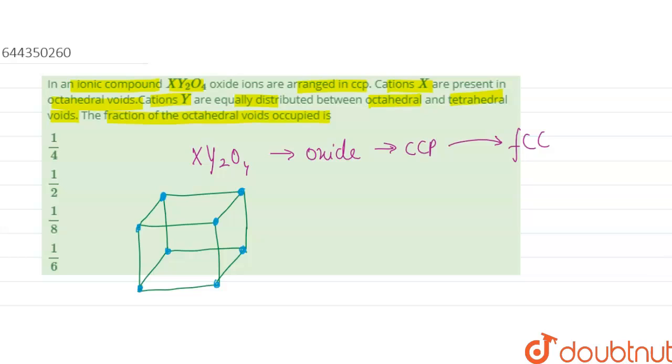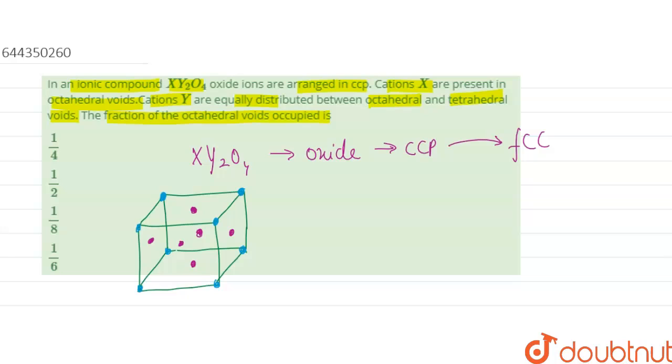Here is a face, and at the center of this face the atom is present. This is the front face, and in the middle the atom is present. Similarly here one atom is present, and here one atom is present: 1, 2, 3, 4, 5, 6.